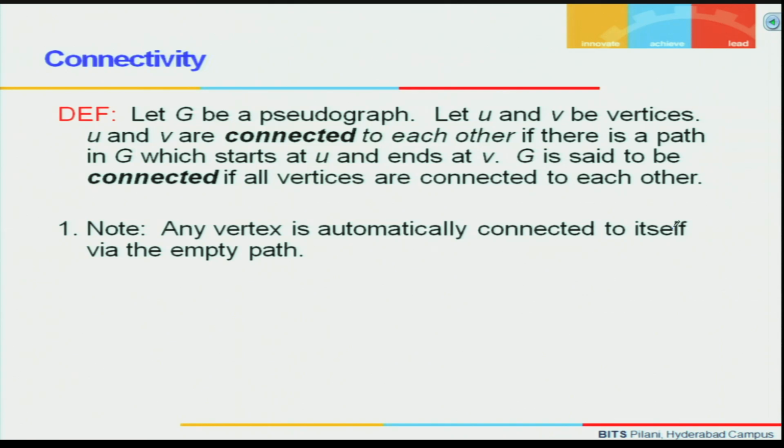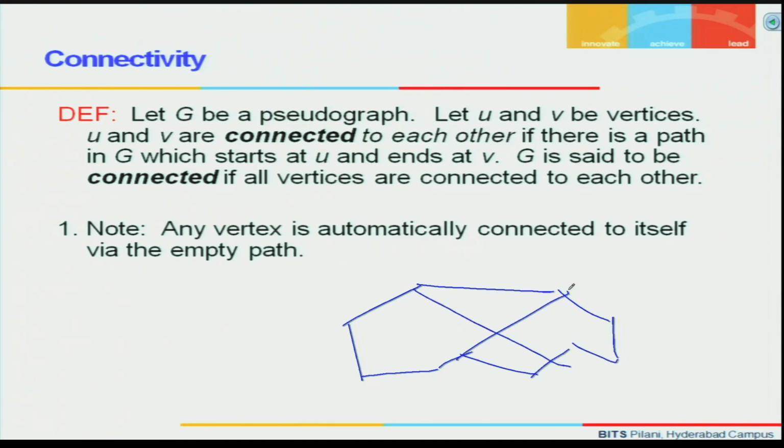In the last class we have seen, if we have a graph like this, say for example, this is one vertex, this is one vertex, this is all one vertex.